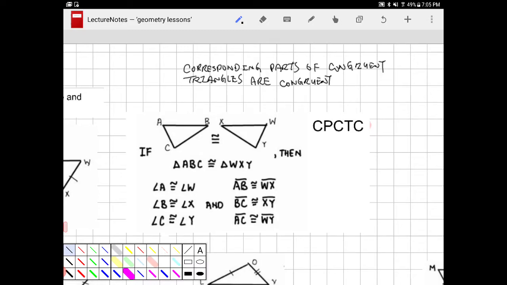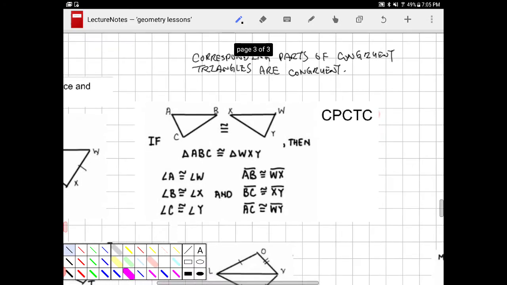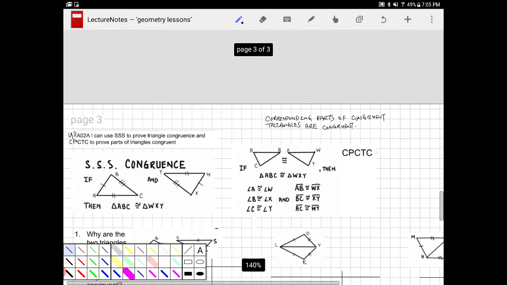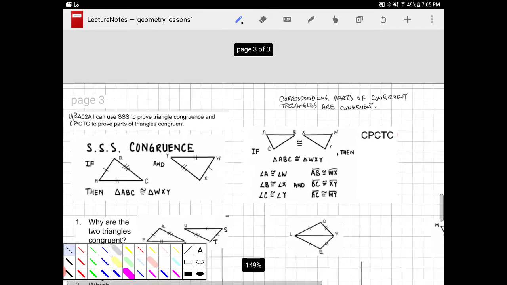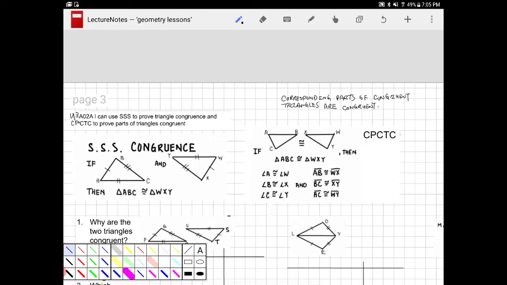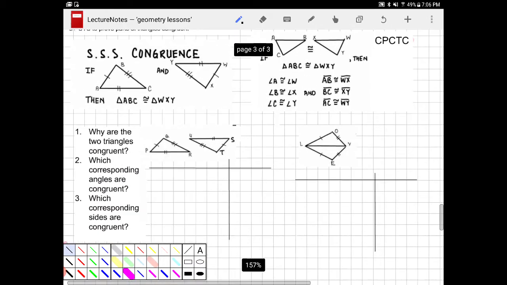There you go. All right, so we will need to utilize these two facts in the problems that we are going to look at in this lesson. Again, if the corresponding sides are congruent, then the two triangles are deemed to be congruent. And if the two triangles are congruent, then all the corresponding parts of the triangles must be congruent. All right, so let's take a look.